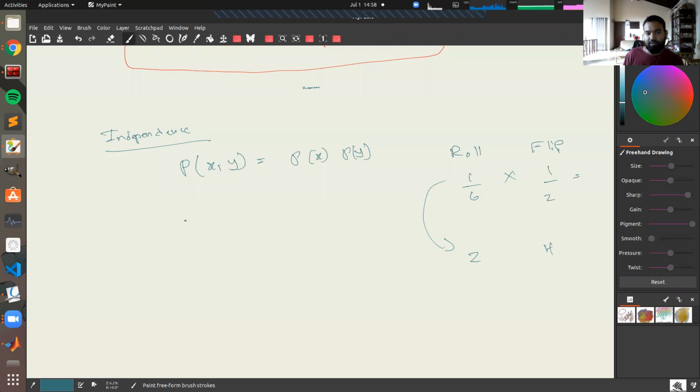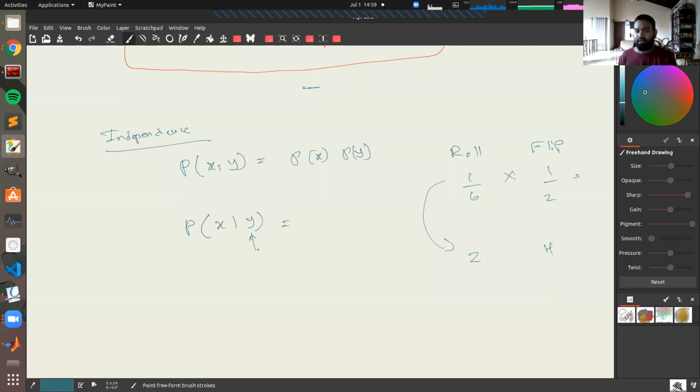Another important thing about independence is, if I take conditional probability, that's x given y, if x and y are independent, it doesn't matter what happens to y. So for example, if I say I got a heads, given I have a heads, what's the value of my roll of the dice? It doesn't matter because they're independent.